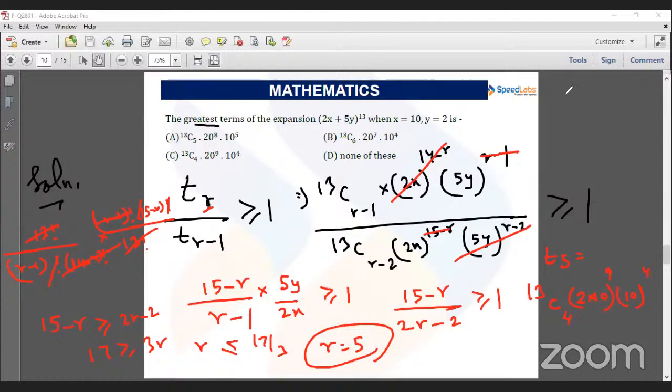So 13C4 into 20 power 9 into 10 power 4. This is the answer. Any questions?